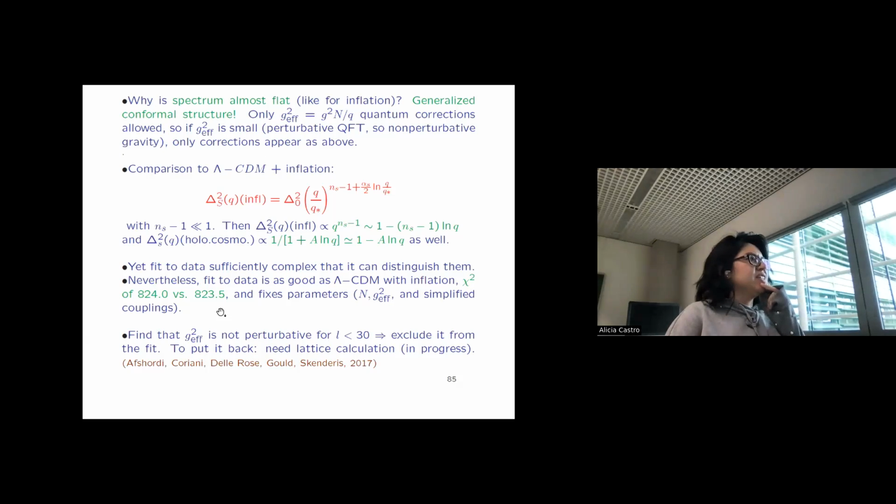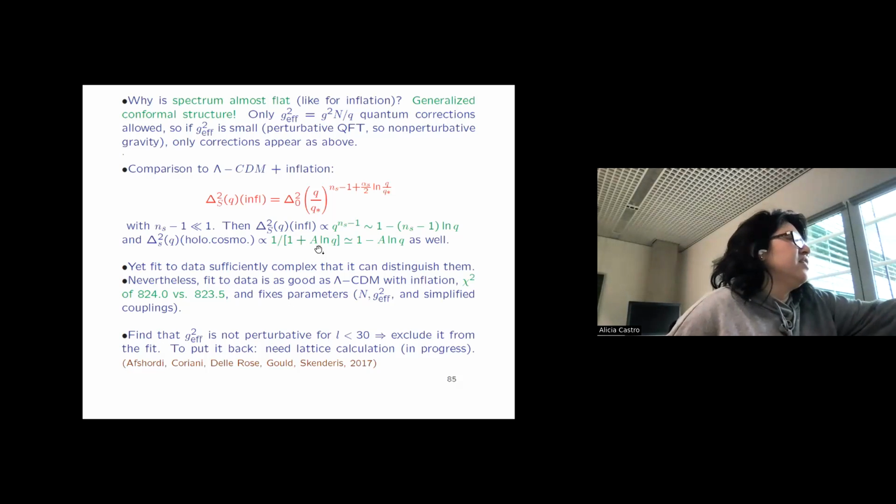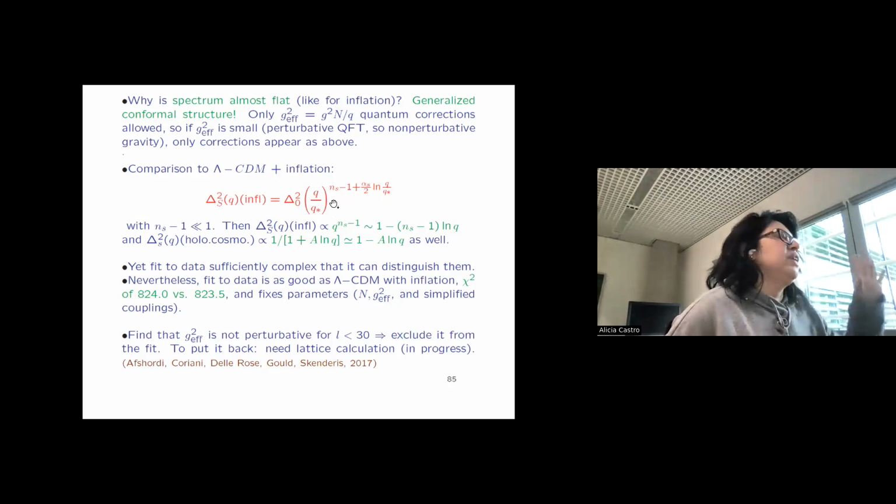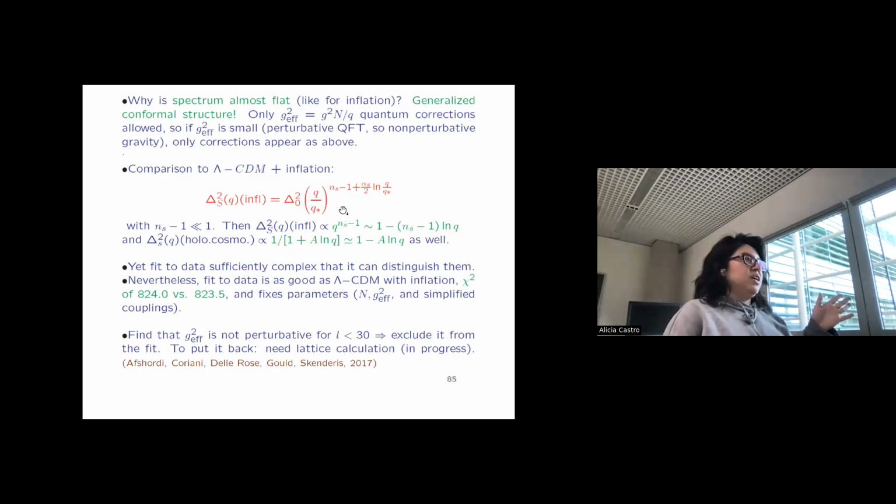So you said that this expression in red is the one that you get usually in inflation, right? And you say that you get something similar for this nearly conformal field theory. It doesn't have a lot of freedom, because that's kind of the only way it can depend on the parameters, because it has this symmetry.